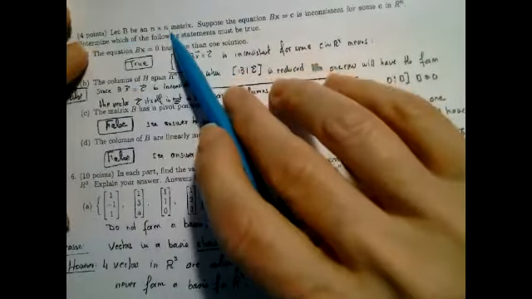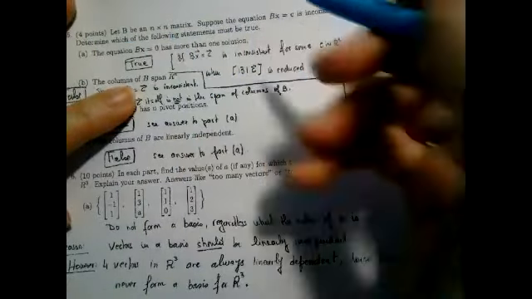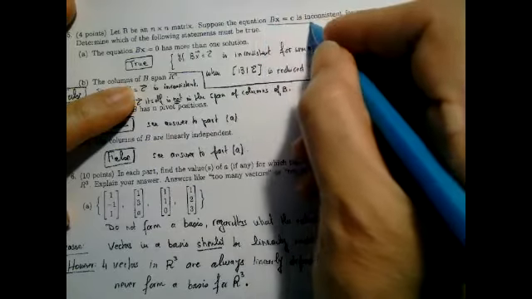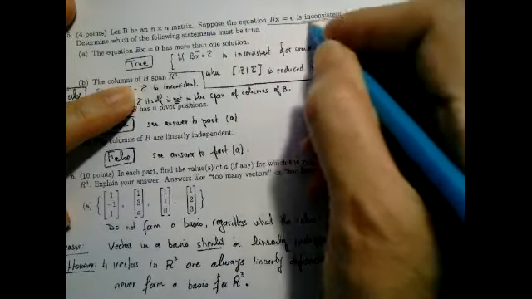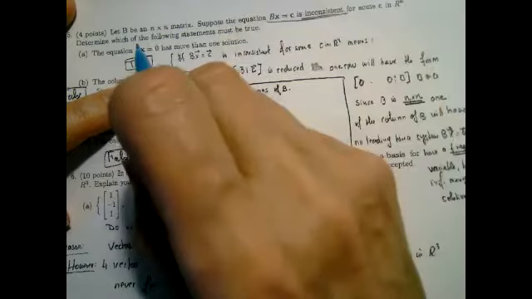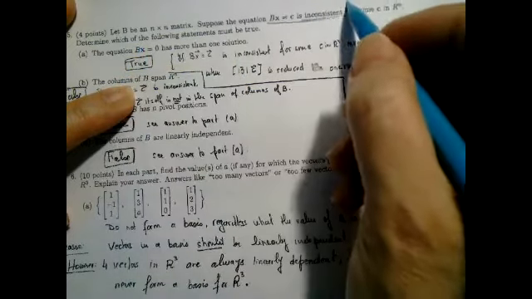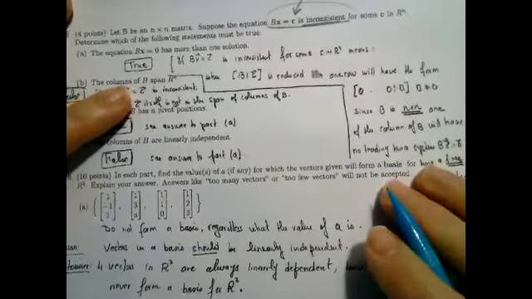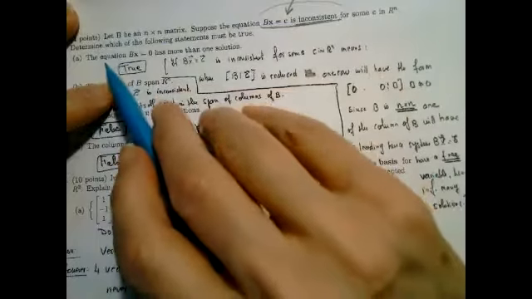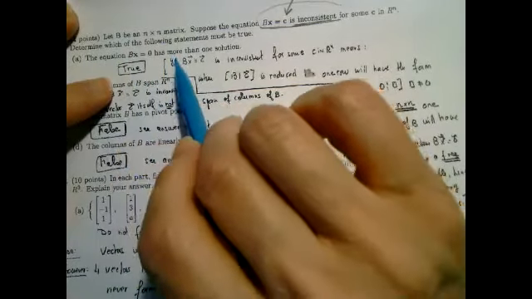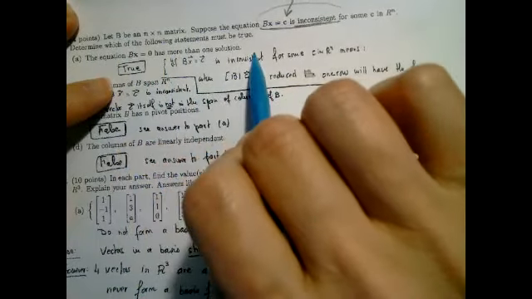So I have an n by n matrix, and let us say that Bx equal to C is inconsistent for some C, and that's crucial. So there is a vector C such that Bx equal to C has no solution. And the question is, does the equation Bx equal to 0 have more than one solution?